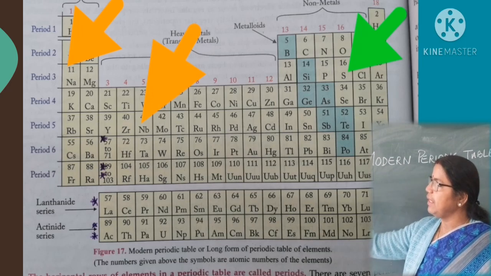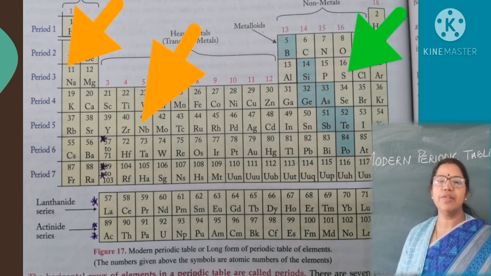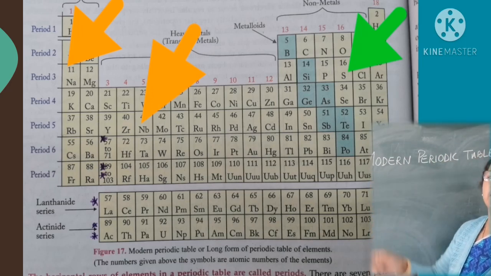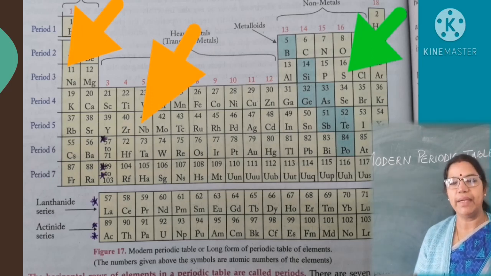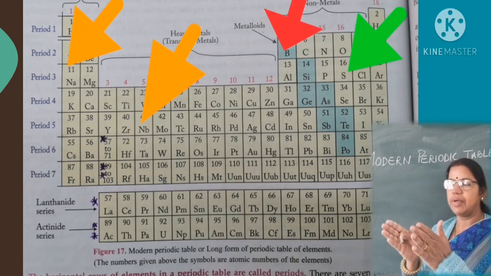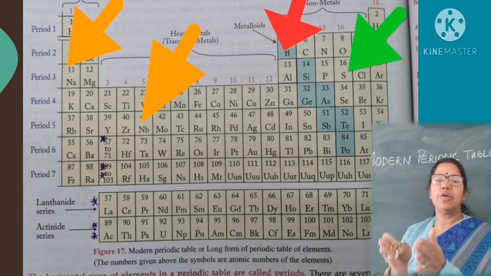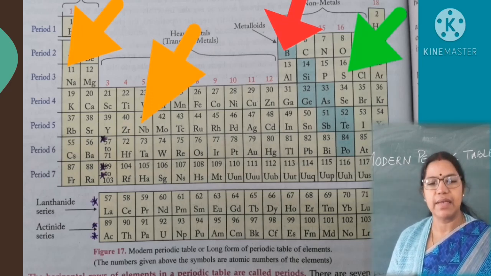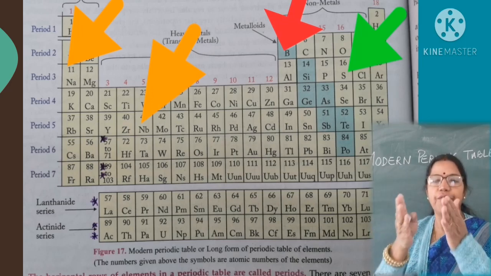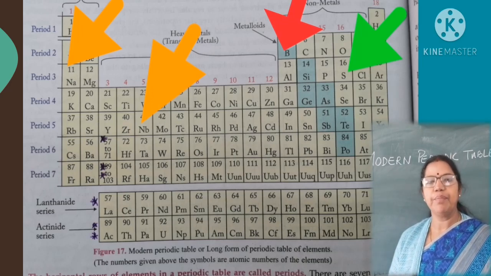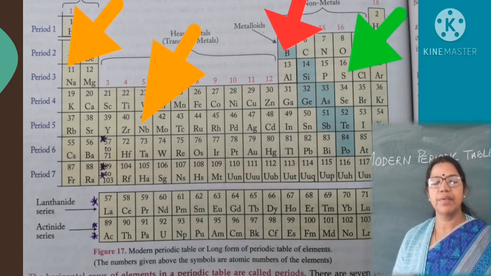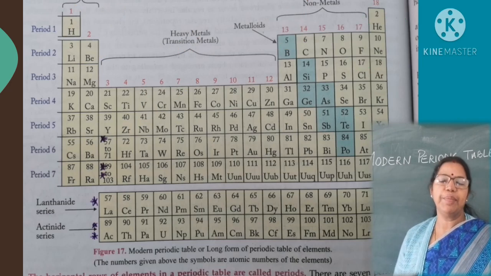On the borderline of metals and non-metals, all the elements placed are known as metalloids. That means in the modern periodic table, metals and non-metals are well differentiated with the metalloids in between. Now, let us go for the periods.